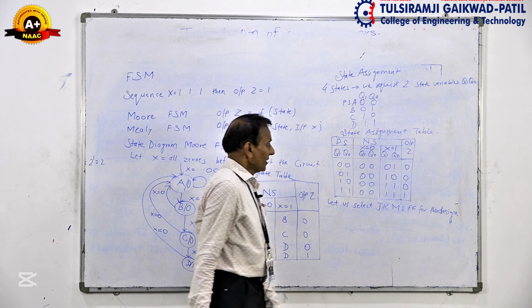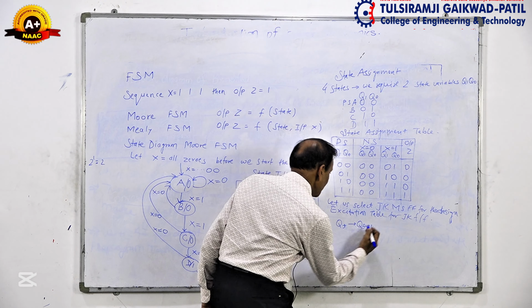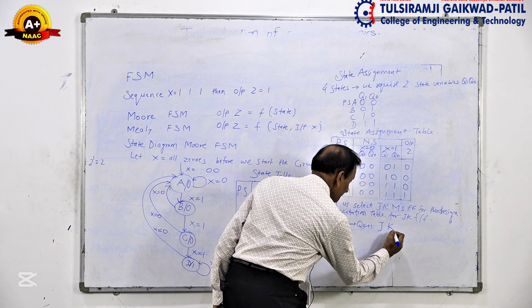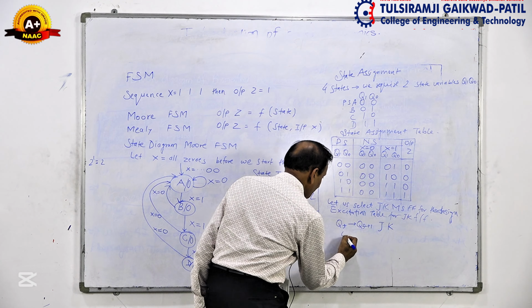It is Qt to Qt plus 1, the value of JK. There are 4 possible values of output transition, 0 to 0, 0 to 1, 1 to 0 and 1 to 1.